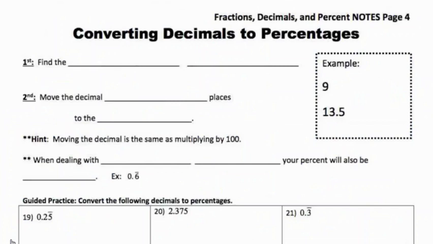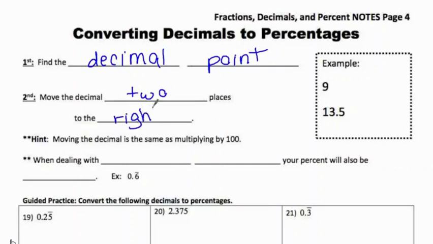Our last page with this lesson is converting decimals to percentages. So we've been doing a lot of review with this in ALEX for a lot of you. The first thing you're going to do is find the decimal point. You're going to move the decimal 2 places to the right.